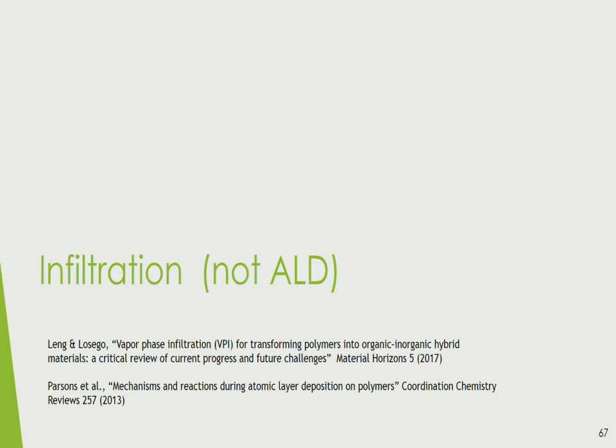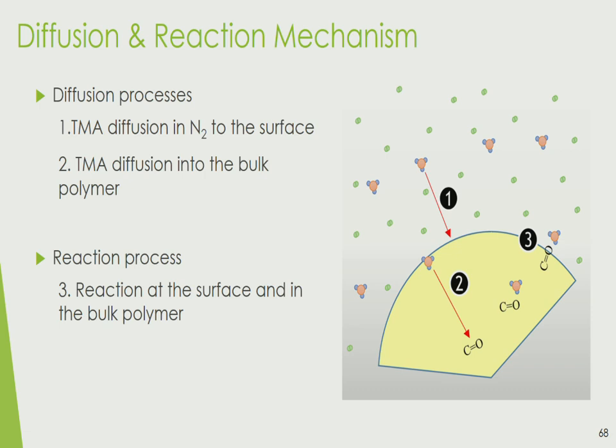There are two really good review papers, by Lang and Lesego, and there's also a Parsons paper back in 2013, that talk a lot about the different mechanisms. I would encourage you, if you're interested in this, to go and read both of those articles. So again, there are two processes happening here. There's bulk diffusion of your reactant materials into the bulk of the material, and then we have a reaction, and it's really a balance between these two things.